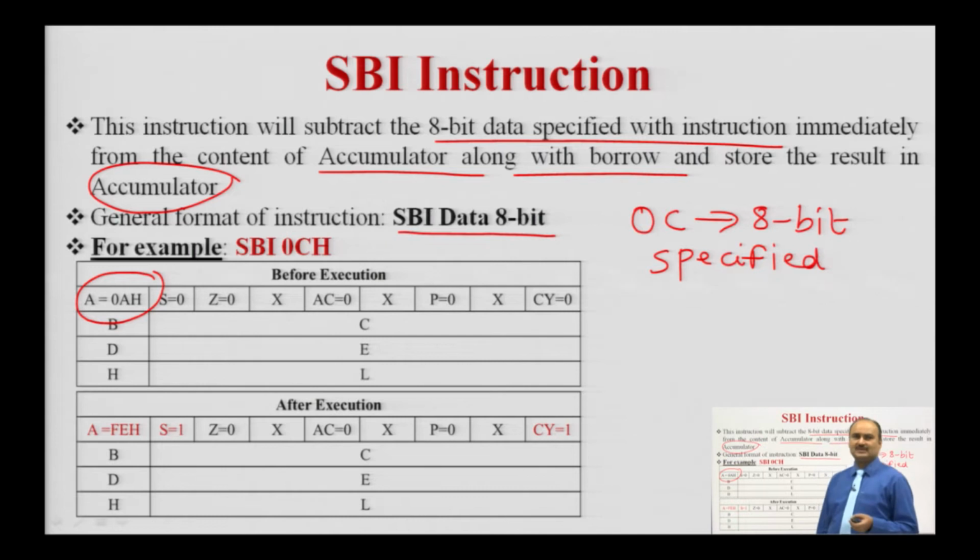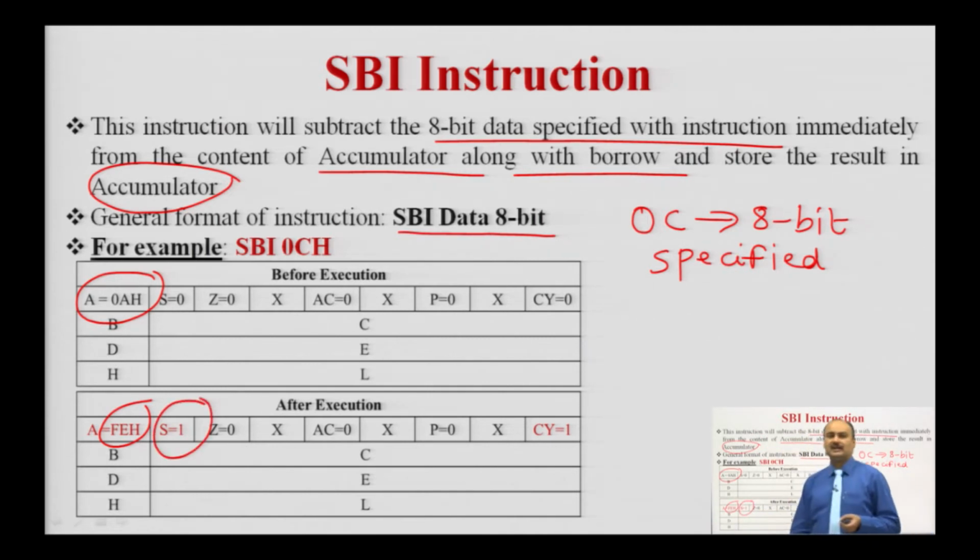So, after the execution of this instruction SBI 0CH, the specified 8 bit data is subtracted from the content of the accumulator which is 0AH, and the result of operation, that is FEH, is stored back into the accumulator register. Again here the higher number is subtracted from the lower number, the result is negative, that is why the sign flag is set to 1.